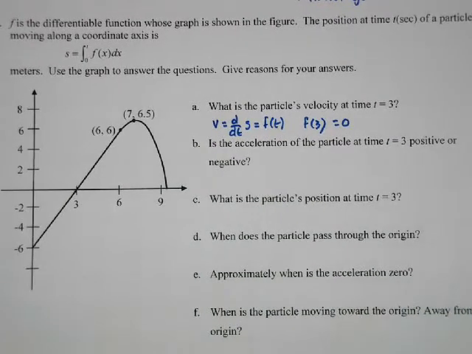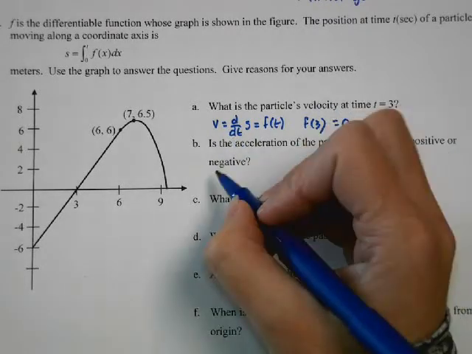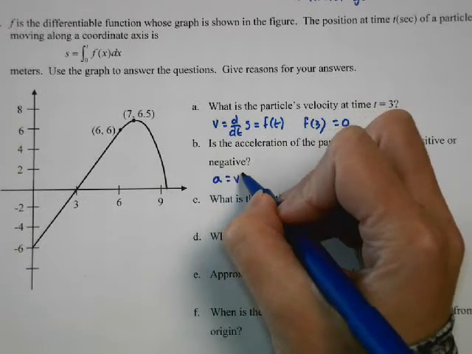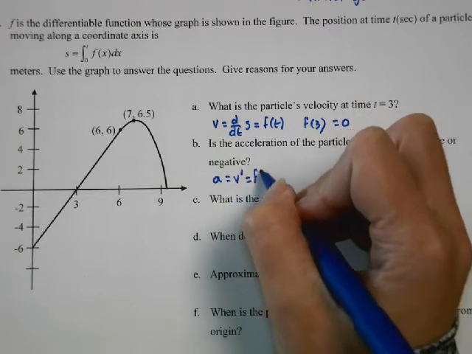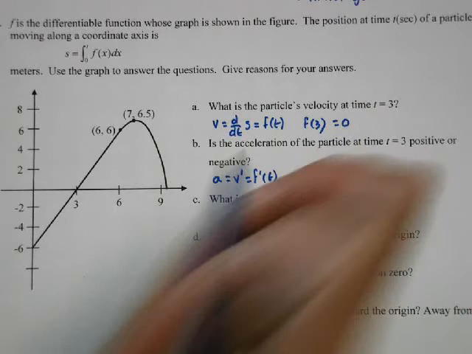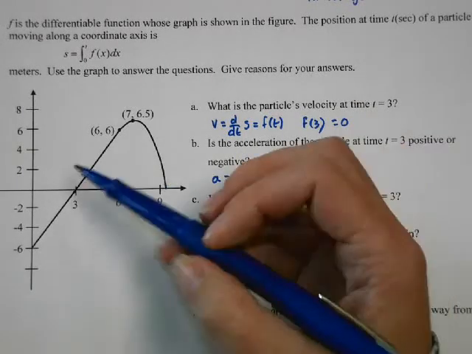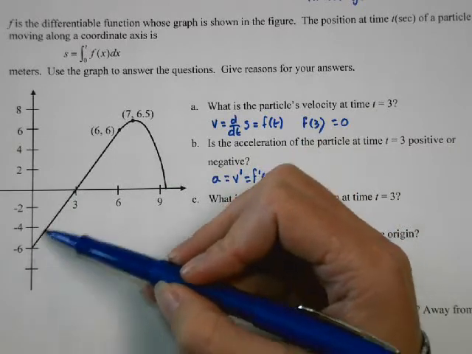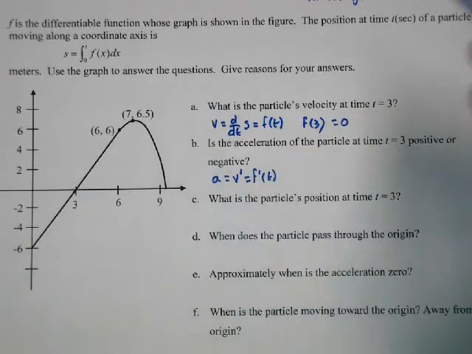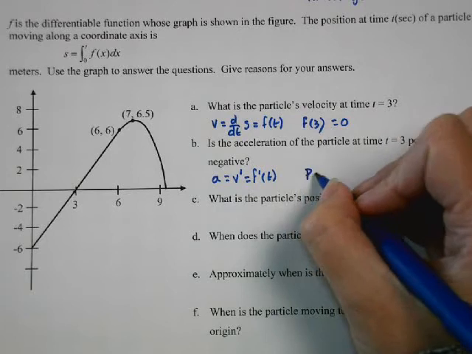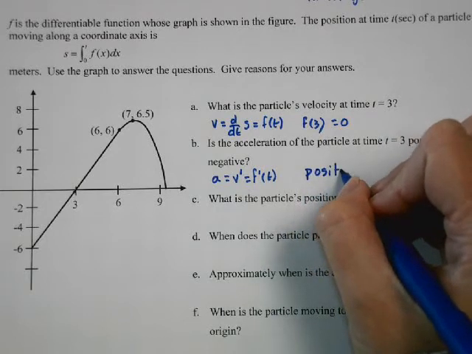Is the acceleration of the particle at t equals 3 positive or negative? Acceleration is the derivative of velocity, which in this case is the derivative of the graph we're seeing. At 3, the slope here is positive, so the acceleration is going to be positive.